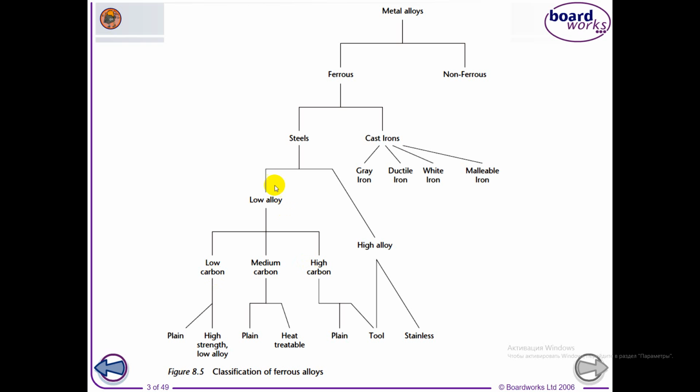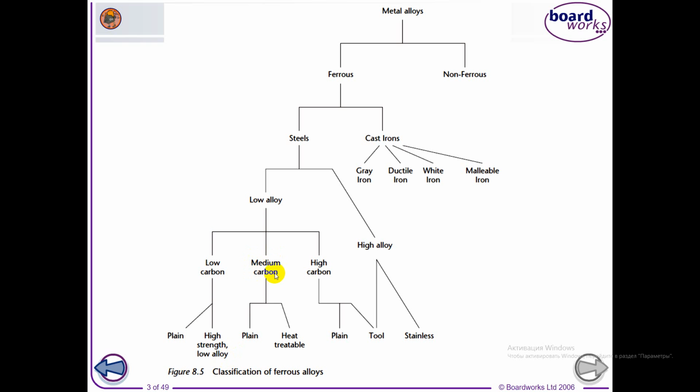So we see that steel includes low alloy and high alloy. Low alloy includes low carbon, medium carbon, and high carbon. Low carbon includes plain and high strength low alloy.